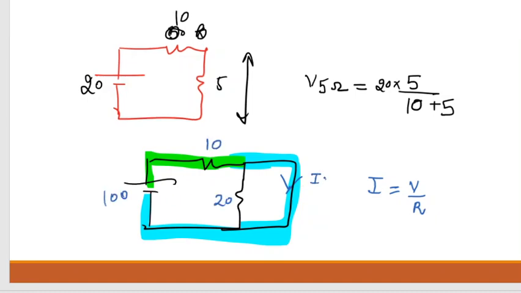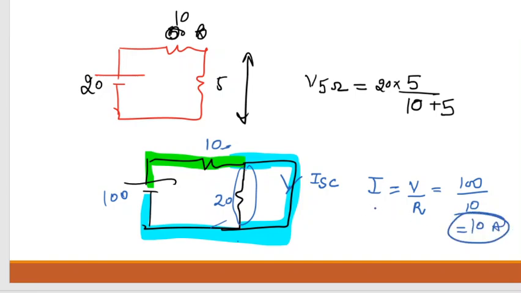Let's suppose the resistors are 10, 100 and 20. To calculate ISC, R would be 10 only, because the current does not go through the 20 ohm. So how much is the current? 10 ampere. Understood?